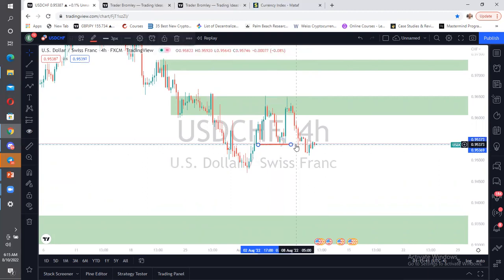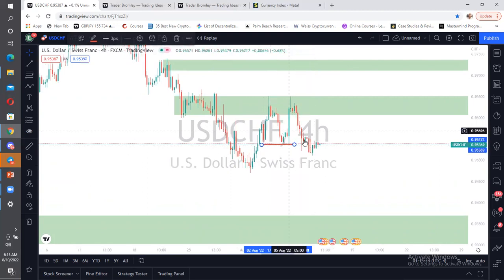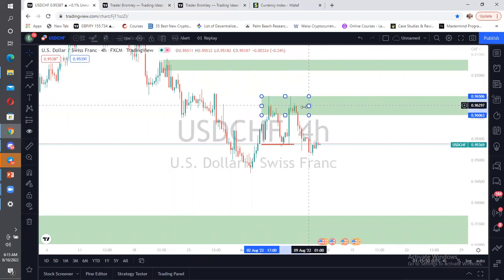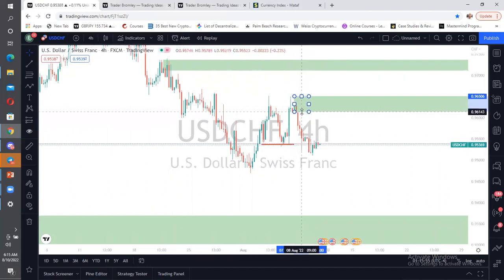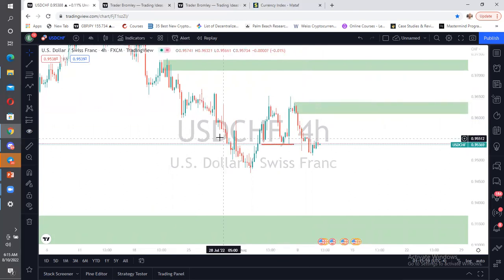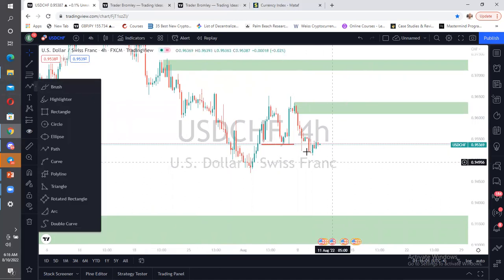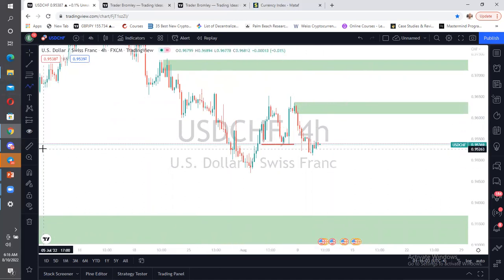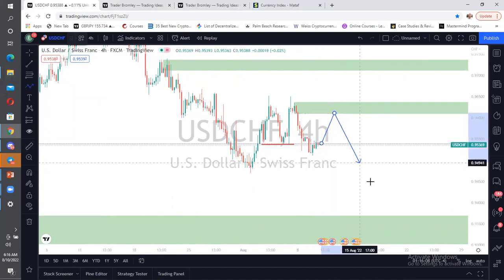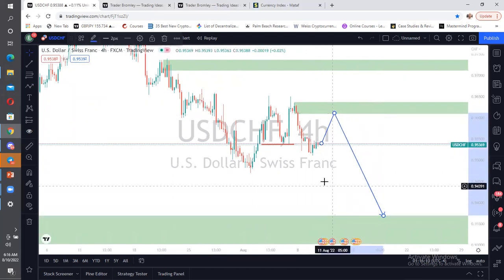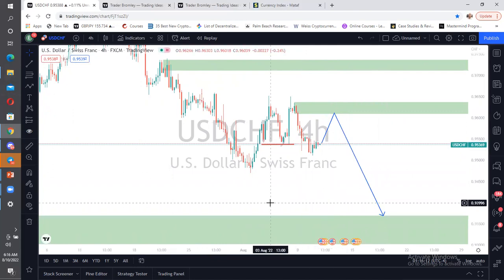So between here and here, we'll have break of market structure. We want to see a return to this particular block to go short. So once there is a return to this block, I'll go short on this pair. This is what I'm expecting from this pair.